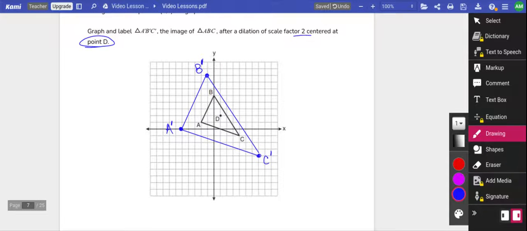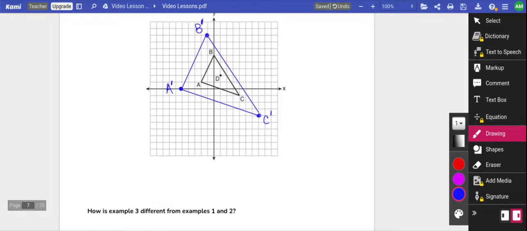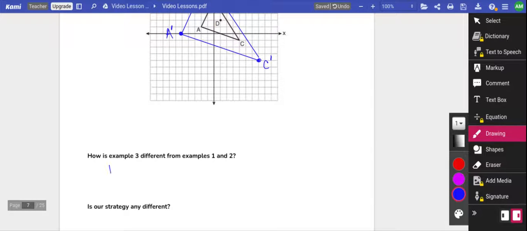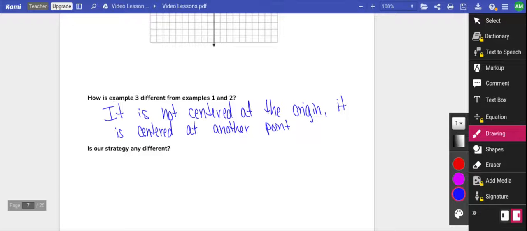I have graphed and labeled it according to the directions. So now let's look. How is example 3 different than the first 2 examples that we did? Well, it is not centered at the origin. It is centered at another point. Is our strategy any different?